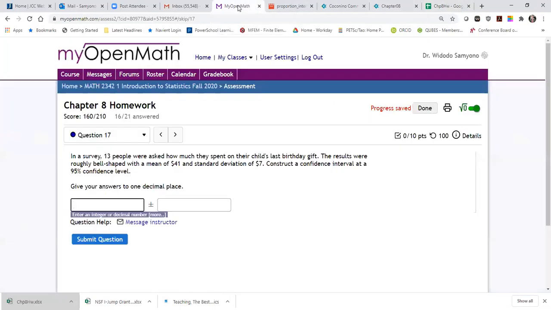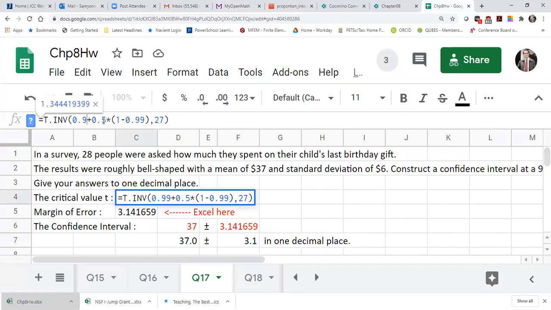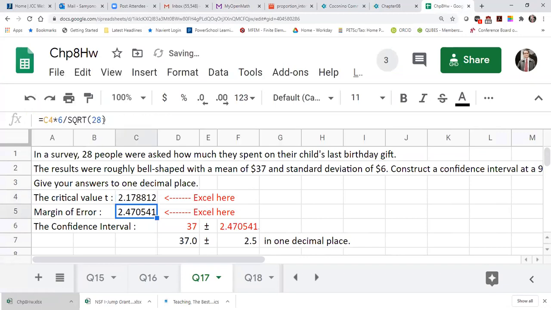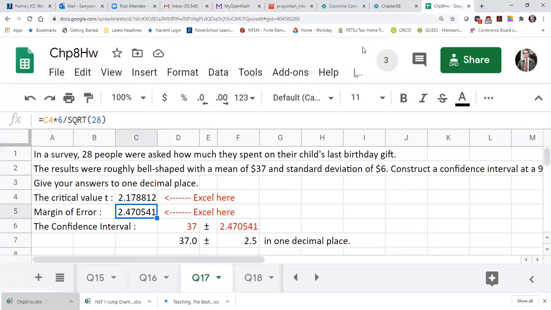The confidence level is 95, the sample size is 13, so the degree of freedom will be 12. The standard deviation is 7.